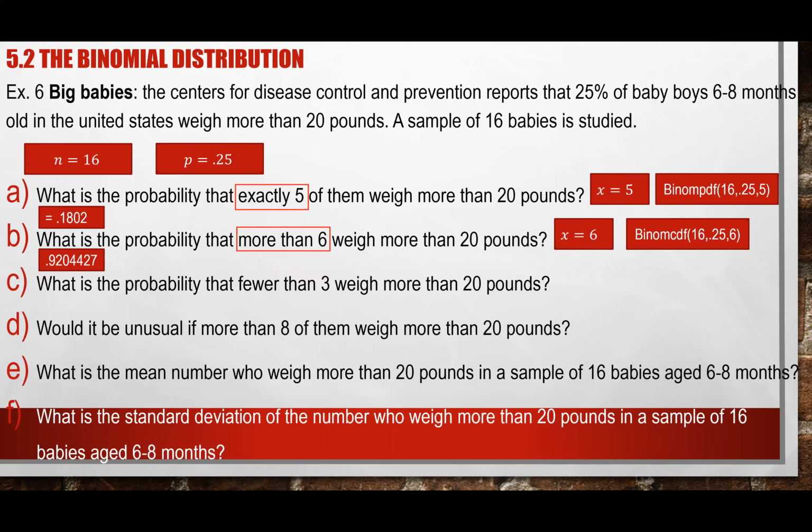So you have 1 minus the answer from your calculator, which is the probability of more than 6 babies weighing more than 20 pounds: 7.96%, or 0.0796, roughly 8%.